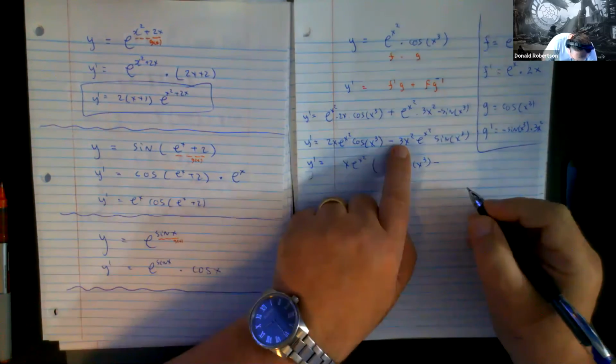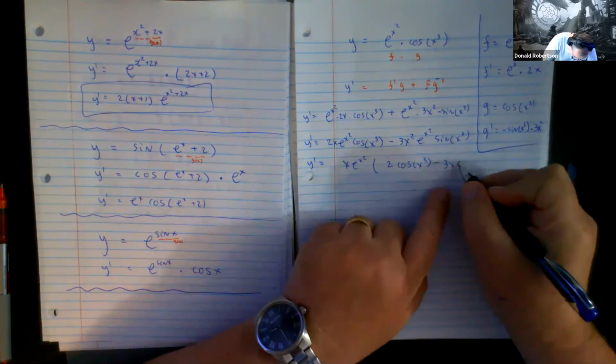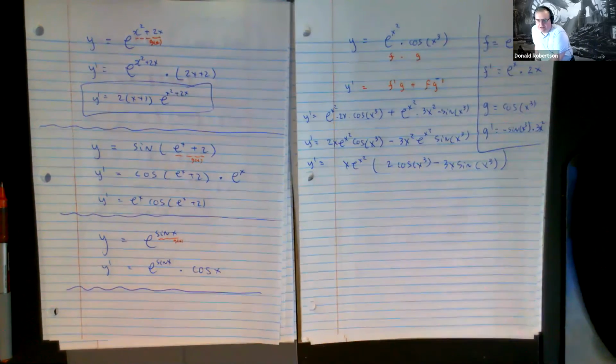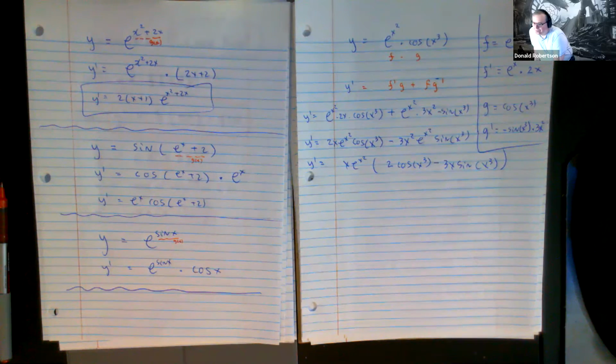Take away 3x of this guy. And now we've done our first example of a product rule that used chain rules. Right? So my next question is going to be a quotient rule that has chain rules in it.